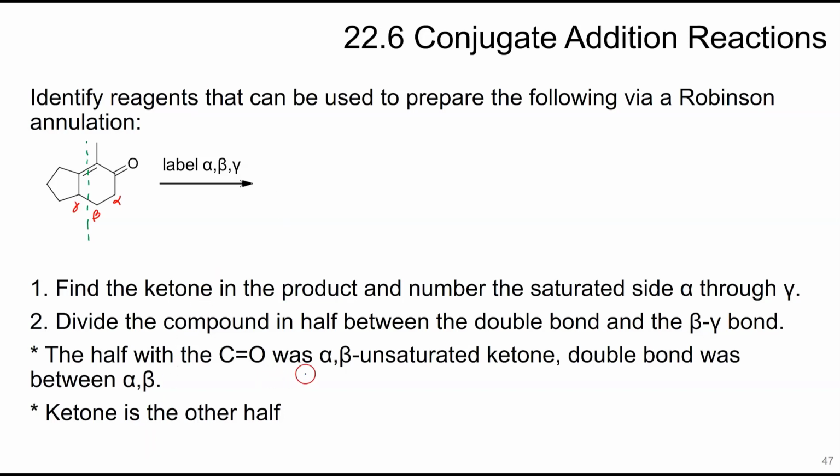Okay, so the half with the carbonyl was an alpha beta unsaturated ketone. This part has the carbonyl. So that's the CH3. So alpha beta is where the double bond was.